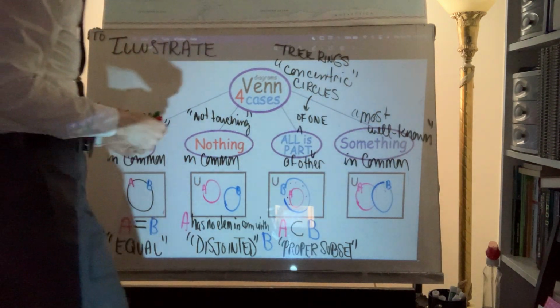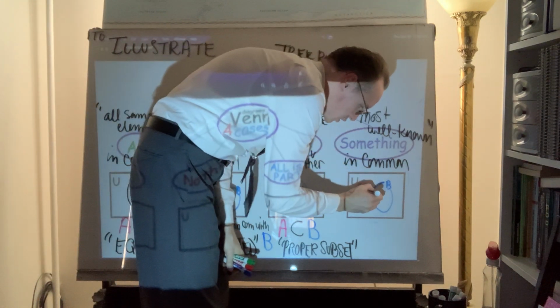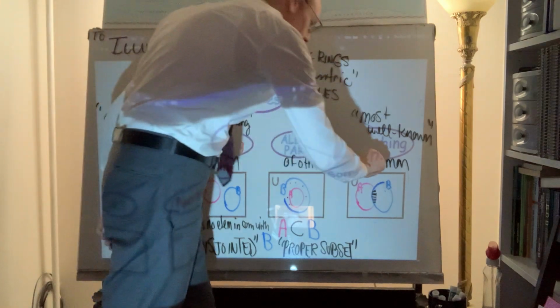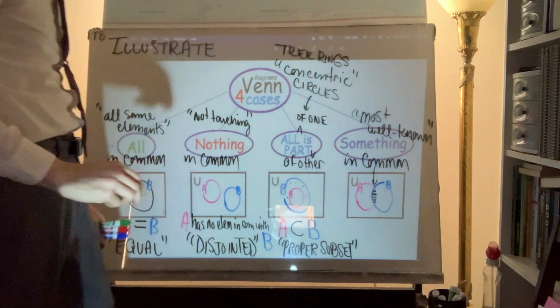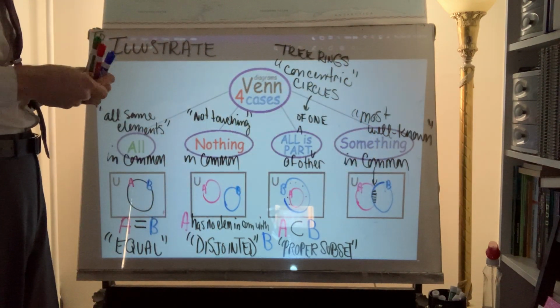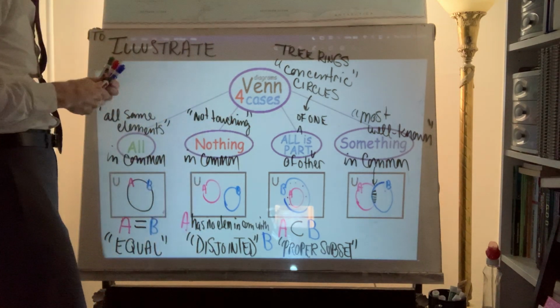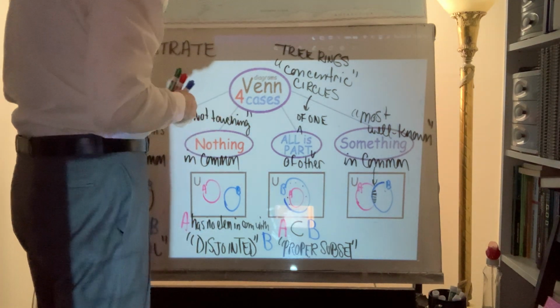And what that is meant to indicate is that this region in between them is where the things are that are in common. So they do have something in common. This is overlap.